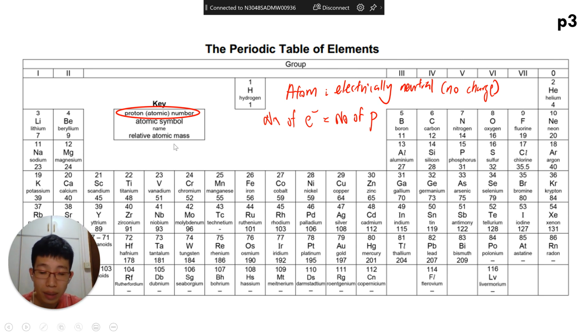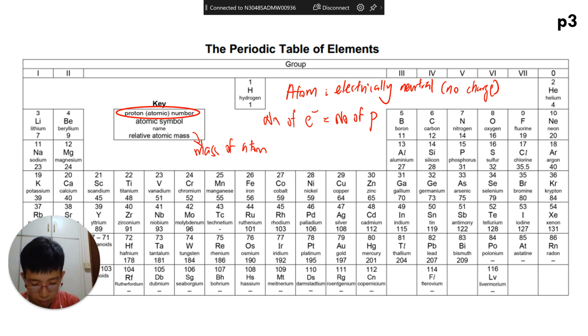In simple words, the word relative just means you need to compare with other elements. The words atomic mass just mean the mass of an atom. The mass of an atom largely depends on the mass of the nucleus, because the mass of an electron is very insignificant, very small, negligible.